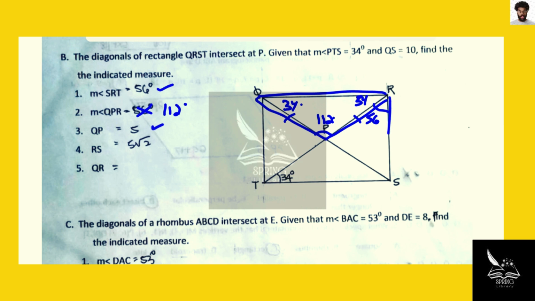RS is what we want to find here. We know that QS is 10.